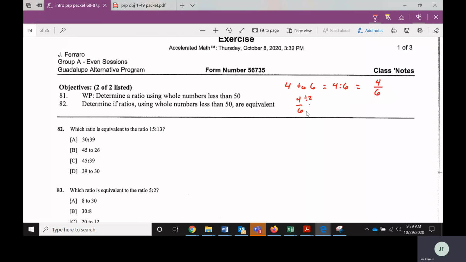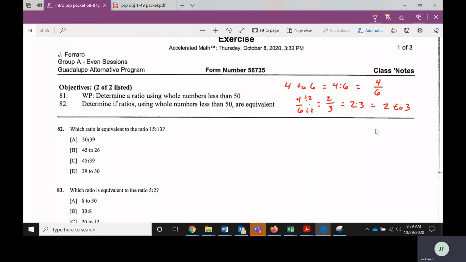So we divide the top and bottom by 2. 4 divided by 2 is 2. 6 divided by 2 is 3. So again, we could write it as 2/3, we could change that to 2 to 3, or we could say it like that. So all of these that I've written up here are all the same thing.